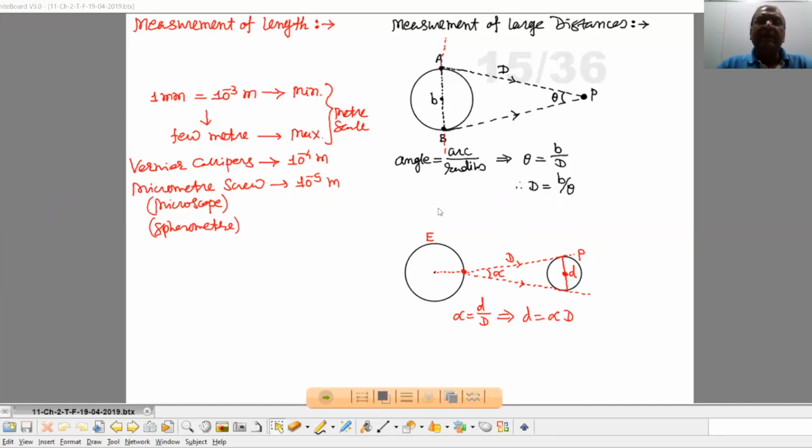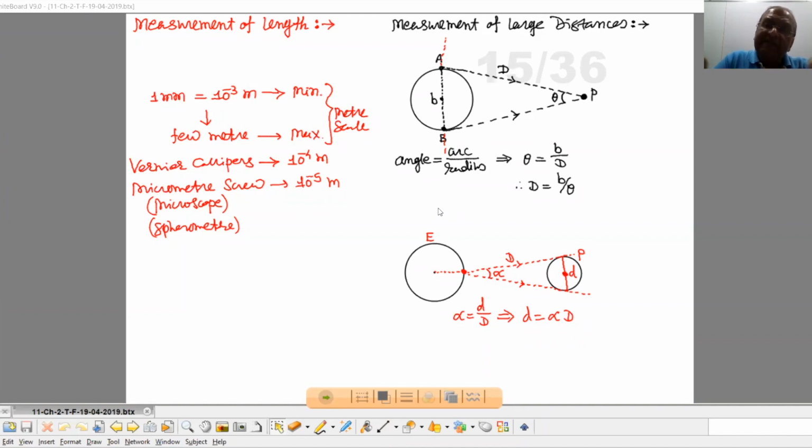The experiment of this vernier calipers is in your syllabus. So when school starts and the lab starts, the first experiment you will get is on vernier calipers. Okay, so that is the instrument with the help of which one can take measurements of the order of 10 raised to minus 4 meter.